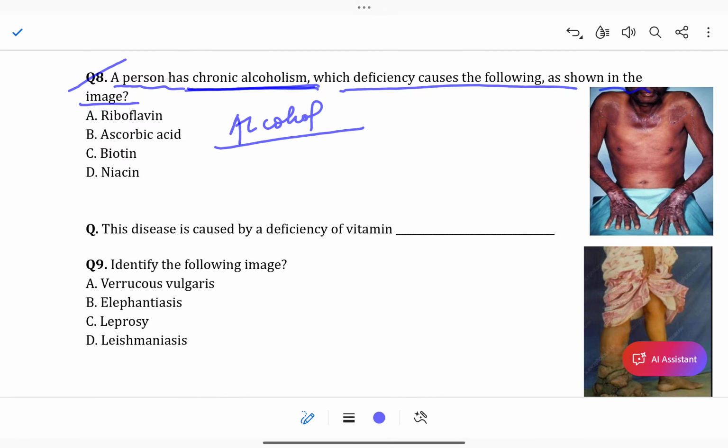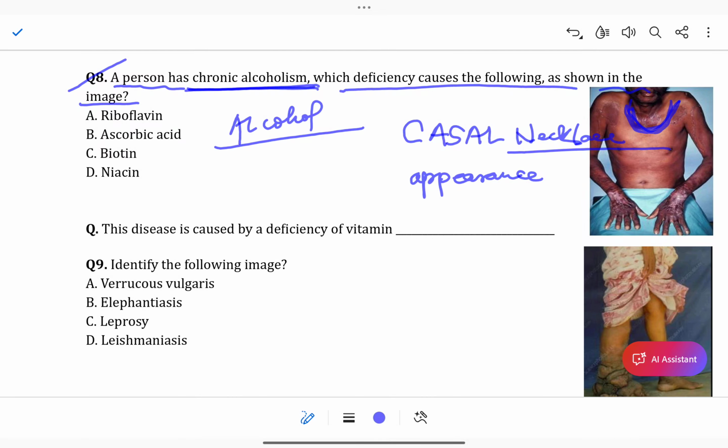There is a necklace-type pattern below the neck. This is a very, very famous question for MCI, and we call it Casal's necklace. Casal's necklace appearance, just like a necklace.